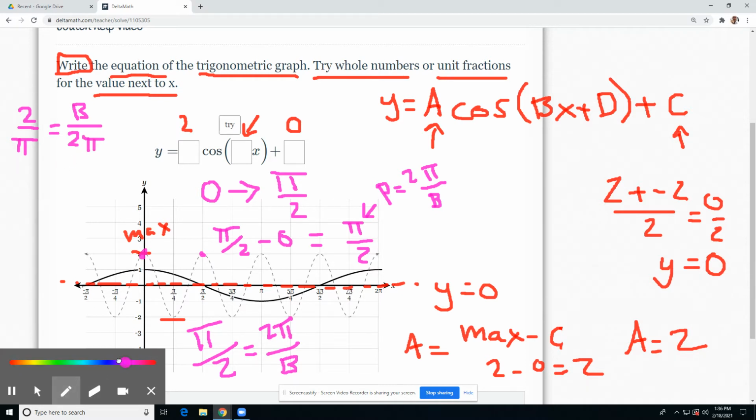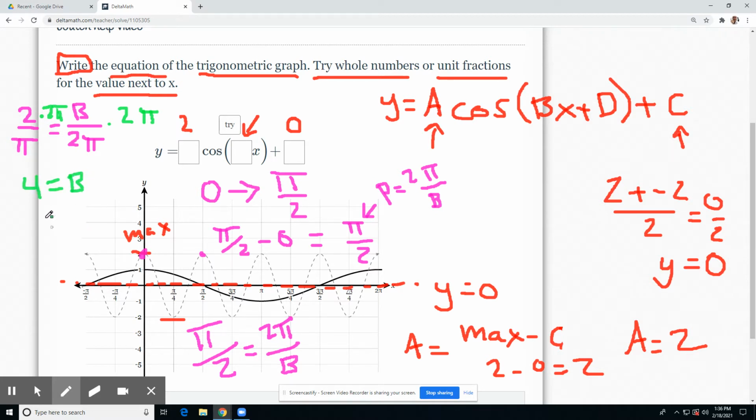And then we're going to times by 2 pi. The pi's cancel, and I get 4 equals my b. Okay, so b is 4. All right. So plugging everything in, I got an amplitude of 2, a b value of 4, and a midline of 0.